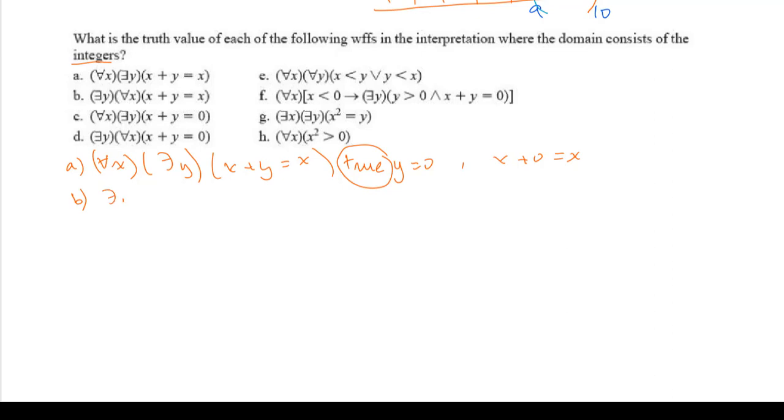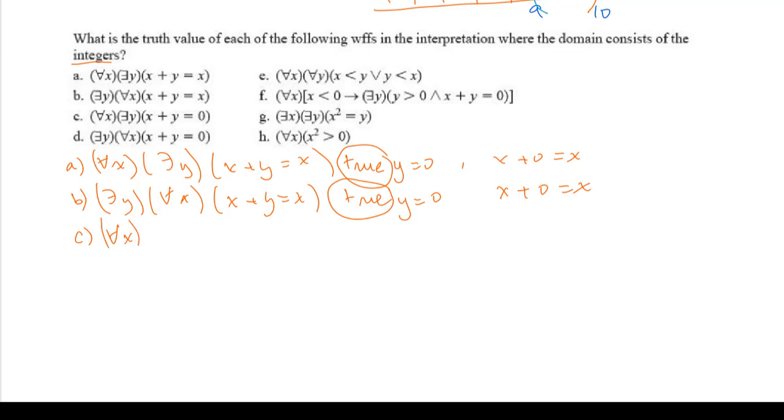Let's look at the next one. There exists y such that for all x, x plus y equals x. So you could stop the video and think about it. If again y is 0, there exists some y, that y being 0, so that for any x, again, x plus 0 equals x. So again, this is true. That's the answer.